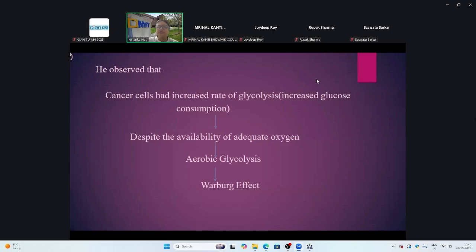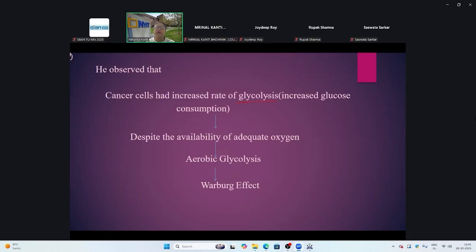So in these cells, and I'm just explaining what Warburg saw, we now understand that that's still taking place. So what is happening is that the cancer cells are breaking down glucose by a process called glycolysis.